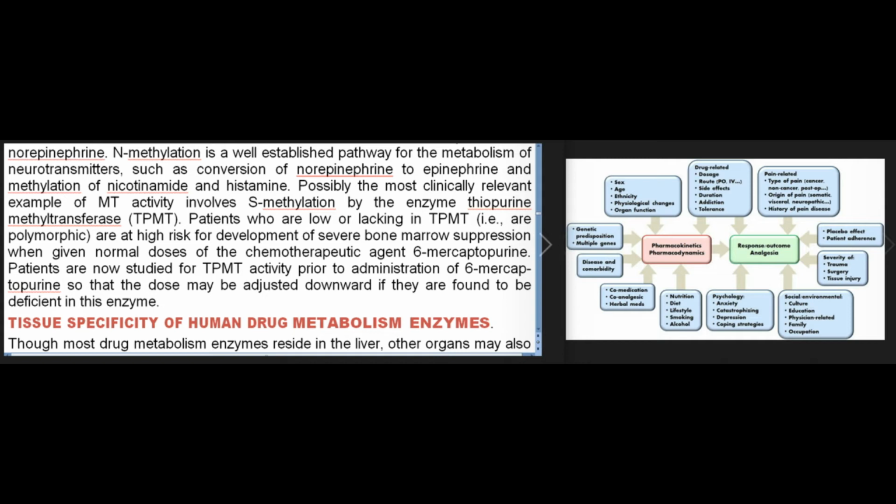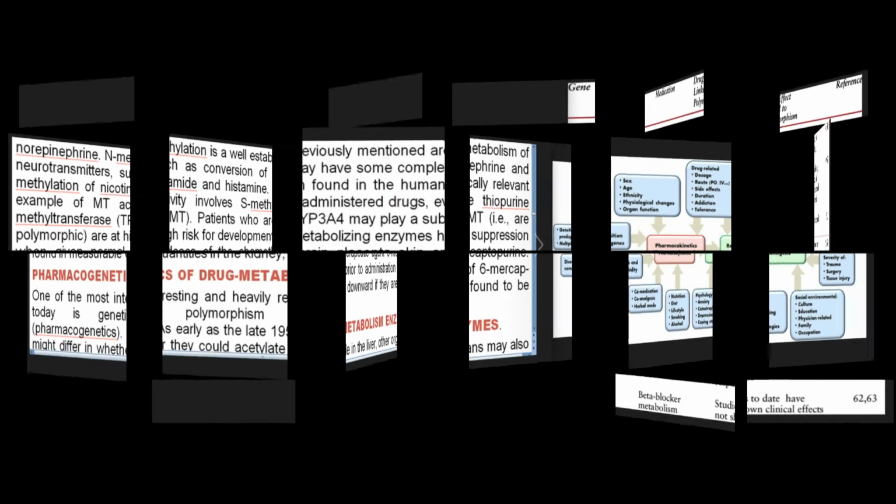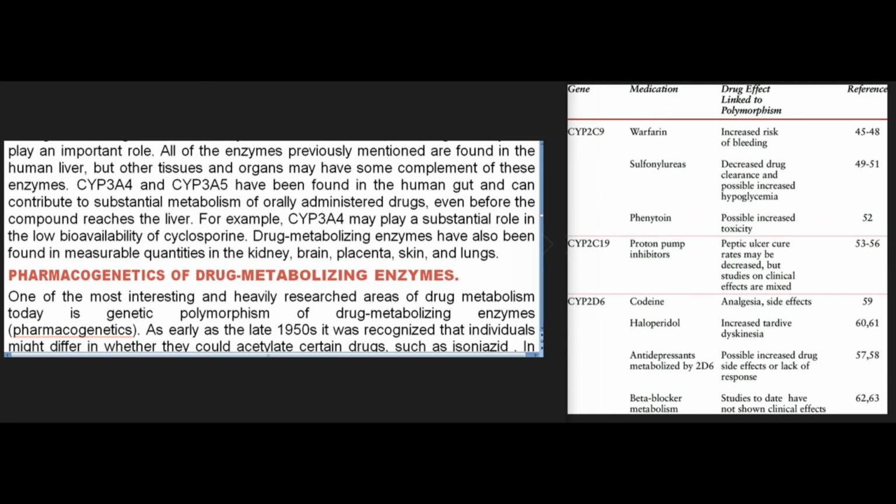Tissue specificity of human drug metabolism enzymes. Though most drug metabolism enzymes reside in the liver, other organs may also play an important role. All of the enzymes previously mentioned are found in the human liver, but other tissues and organs may have some complement of these enzymes.